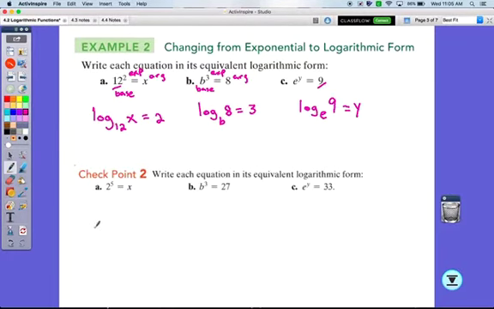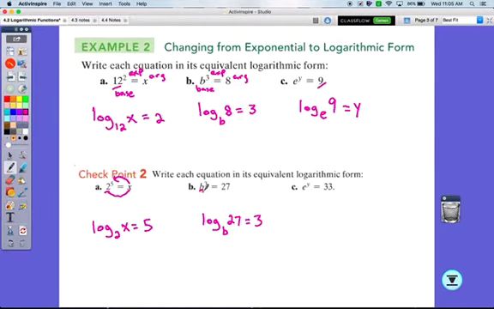All right, here are the answers. I've got log base 2 of x is equal to 5. We start at the base, then hit the argument, and end with the exponent. The next one is log base b of 27 is equal to 3.